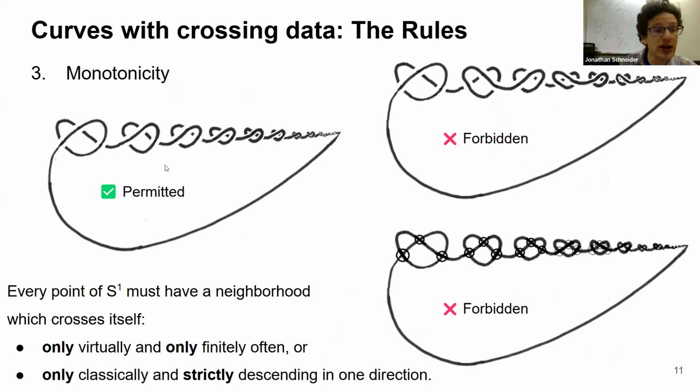So here in the good example, the permitted example, pay attention to that cusp point there in the corner. As I approach that cusp point, we're always descending. You see what I mean by that? That I've applied lots and lots of classical crossing data, but I'm always going down the staircase, never climbing back up.